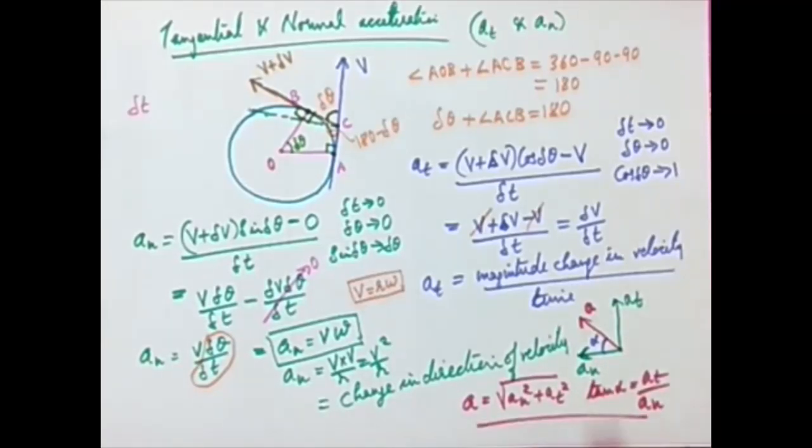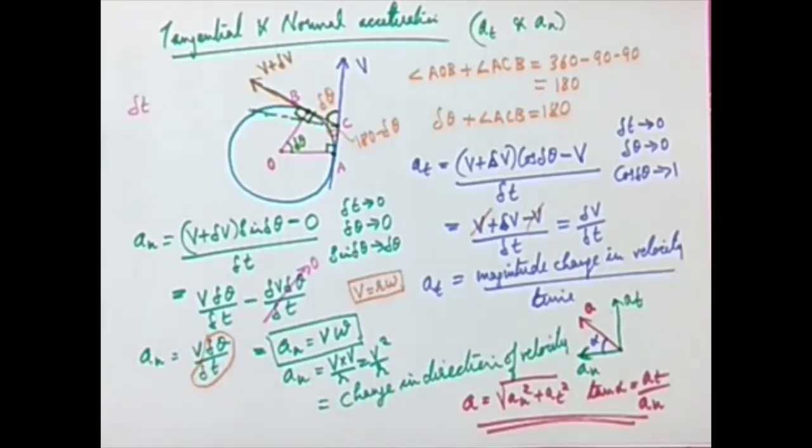Okay, so this is the take home from this particular lecture. Whenever an object is rotating, the object will be subjected to a tangential acceleration and a normal acceleration. The tangential acceleration depends upon the rate of change of the magnitude of velocity, and the normal acceleration depends upon the change in direction of the velocity.